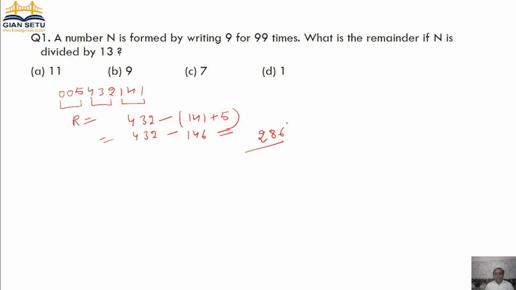Now if 286 is divisible by 13, then this complete number will be divisible by 13. Now let's see. 286 divided by 13, we have 22, right? So 286 is divisible by 13. Similarly, this number 5432141 will be divisible by 13.